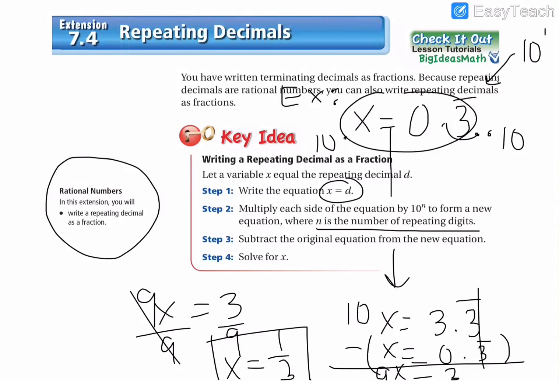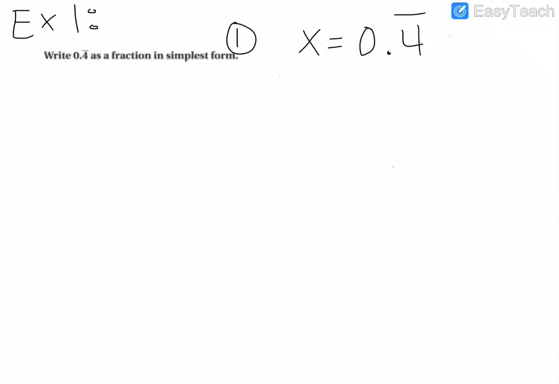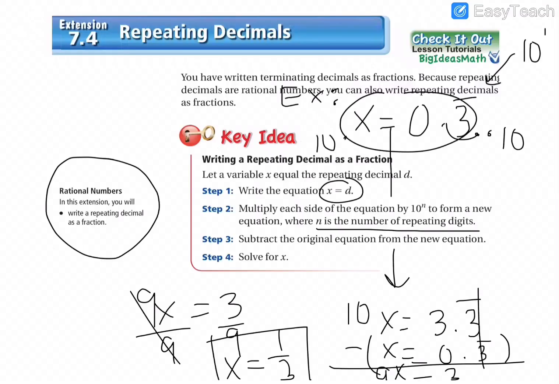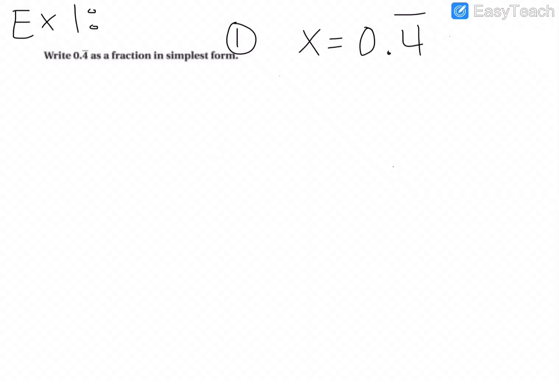Here we go with our first official example: 4/10 repeating. Step 1, write x equals 4/10 repeating. Going back for a refresher, step 2, multiply each side of the equation by 10 to the nth power, where n is the number of digits that repeat.